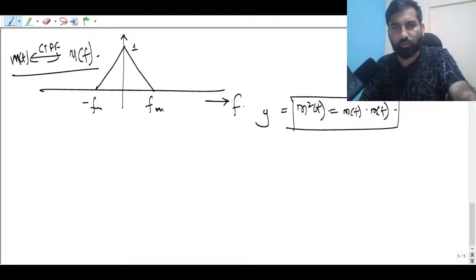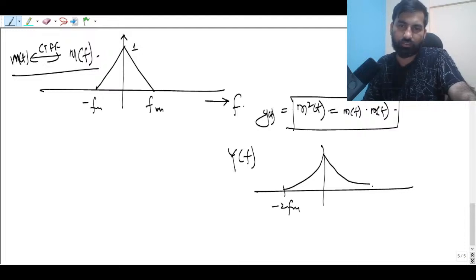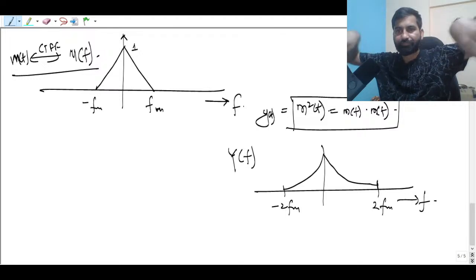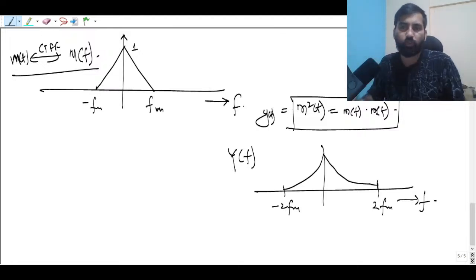Suppose this is your m square t, so your M square f is going to look like this. Something like this will come when you do the convolution, and this will be at minus 2FM and this at 2FM. Your spectrum will be from minus 2FM to 2FM, that's it.